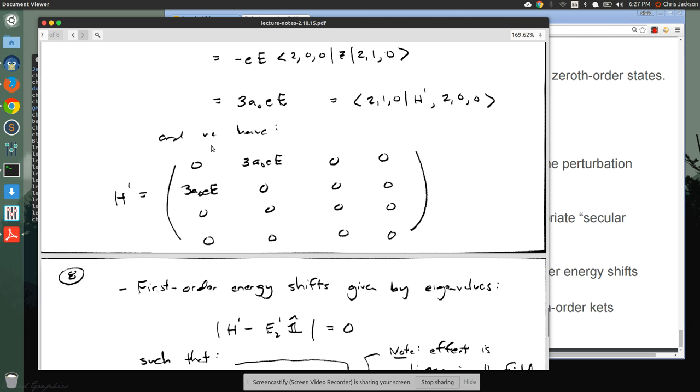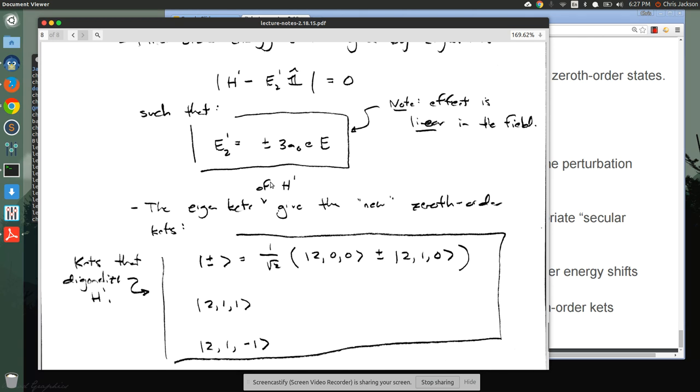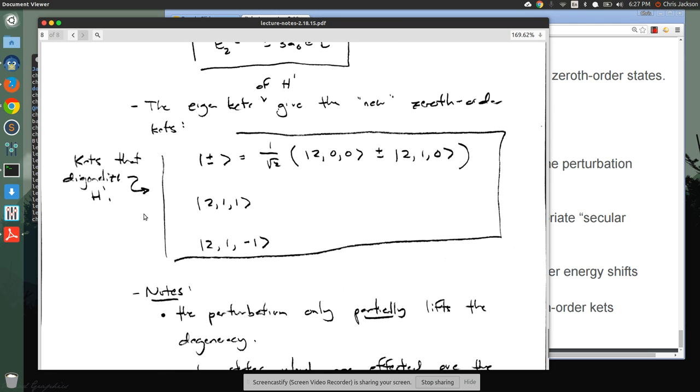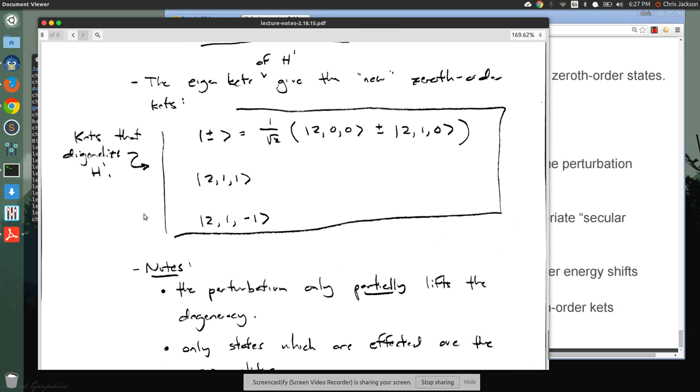And so what happens is the states that are associated with this block of the Hamiltonian are the guys that mix, right? So I get 2 new states. I call them plus and minus, call them whatever you want, but they're admixtures of the m equals 0 states. Okay, so these are the kets that diagonalize the Hamiltonian, right?